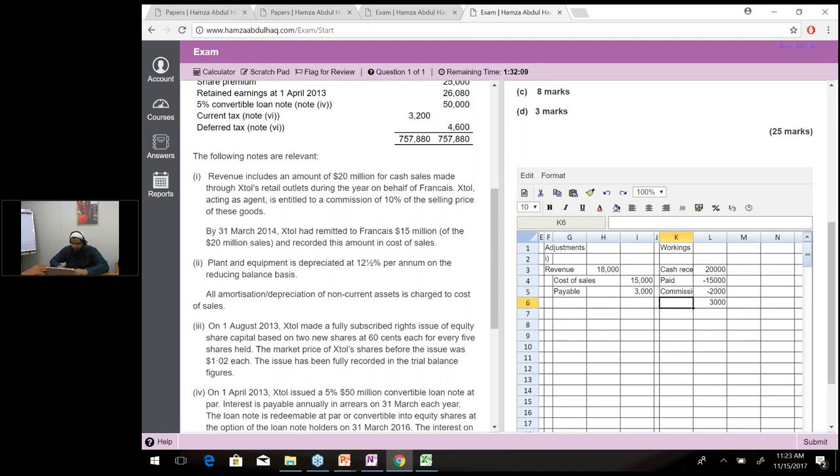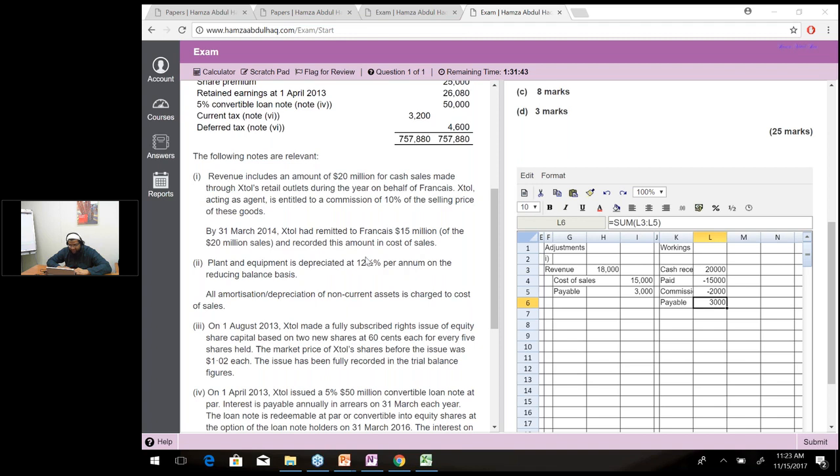This is the amount of payable that should be recorded. So we have received 20. We have given 15 to Francis. 2,000 is ours. We are going to keep it with us. Remaining 3,000 is the payable that we need to pay to Francis, to the principal of this transaction. Clear, Smita?